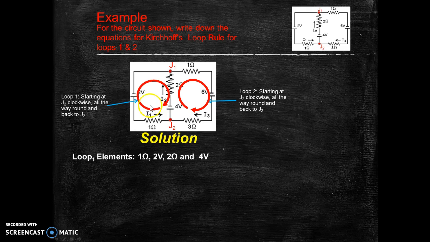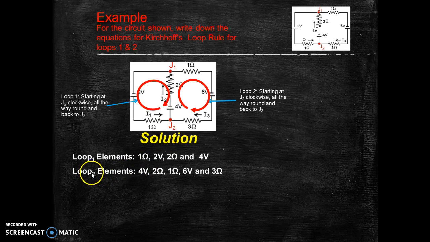For loop number 1, again, the first step is to identify the circuit elements that are traversed as you go in the direction of the given loop. Starting from J2, we're going to traverse the 1 ohm resistor, the 2 volt battery, the 2 ohm resistor and then the 4 volt battery, and we're back to J2.